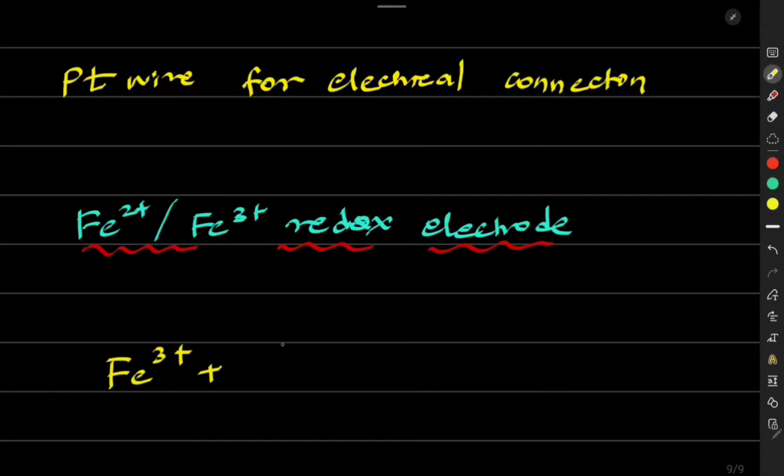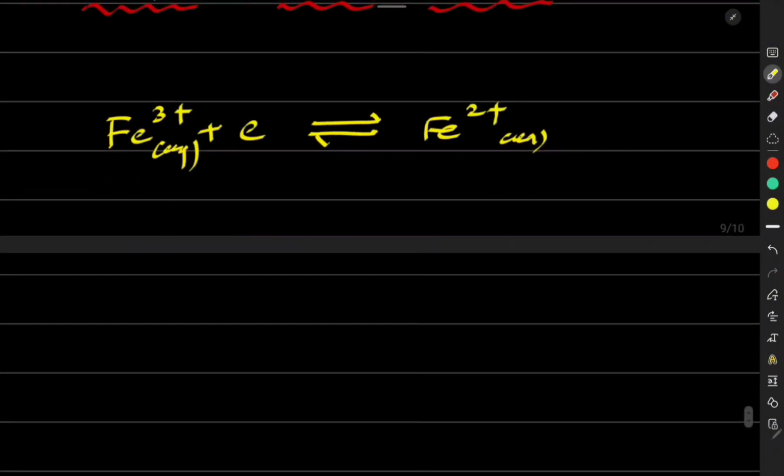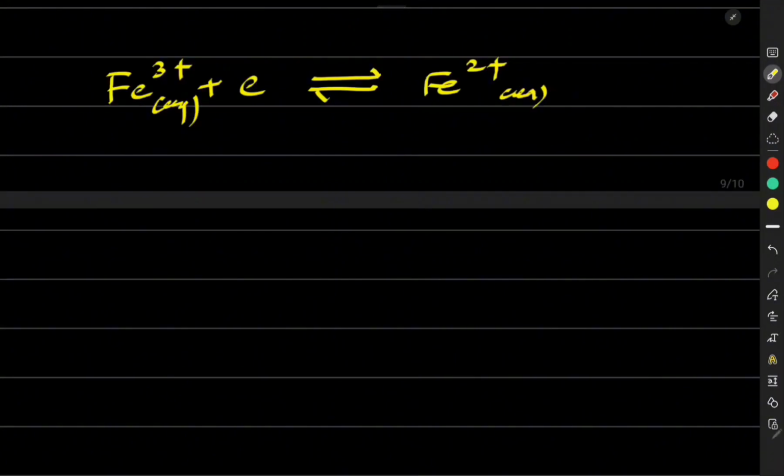Fe3 plus is reduced to Fe2 plus, a reversible reaction. How are these electrodes created? The platinum electrode can be inserted into a beaker containing a solution of both Fe2 plus and Fe3 plus ions. The concentration should be 1 mol dm minus 3 each, and coupled to a hydrogen electrode.